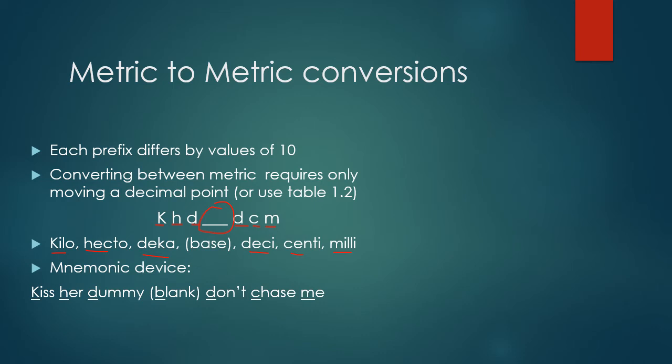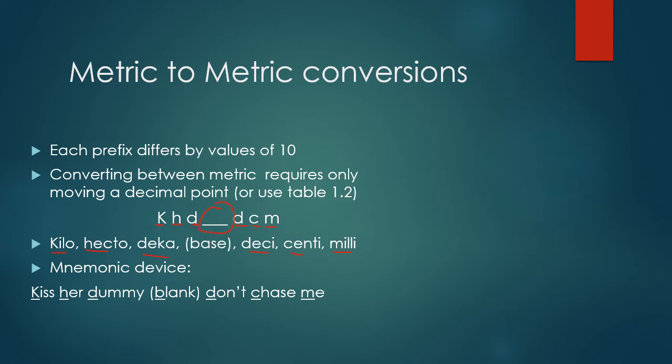Before I work through the example, I want to talk a second about this empty blank space. That's what we call our base. The reason there's a blank space there is because you're going to put a letter there depending upon what type of unit of measurement you're converting. For instance, if you are dealing with length, what's going to go there is an M for meters.